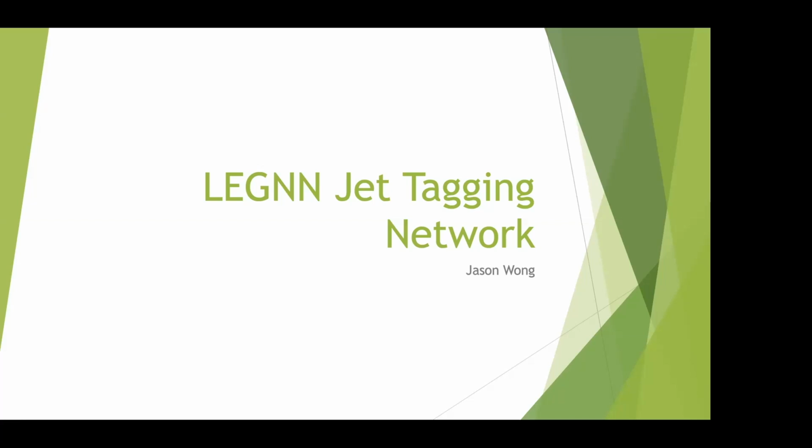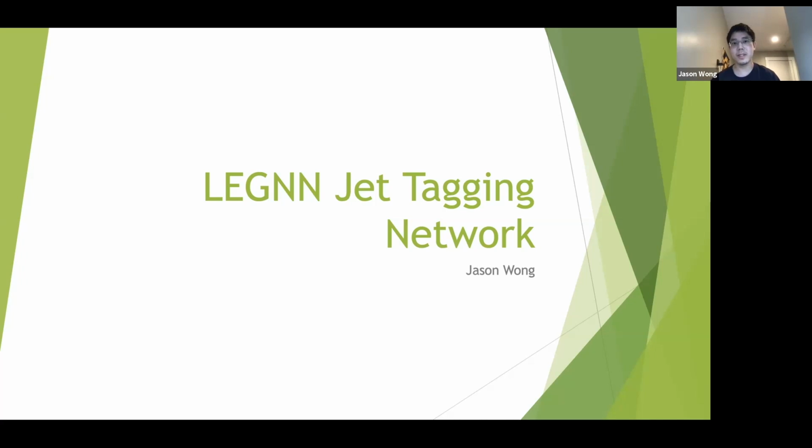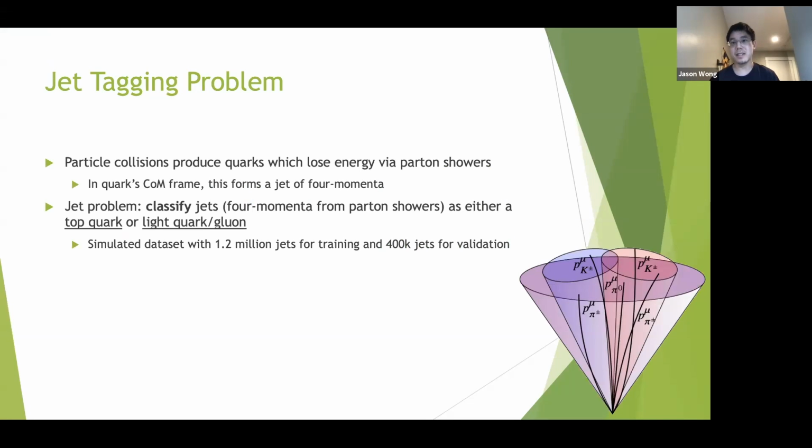Yeah, so as Savannah mentioned, the research I did for IRIS-HEP this summer was on the Lorentz equivariance or jet tagging. And so the jet tagging problem is essentially, in the particle collider experiment, when you collide the particles together, what ends up happening is that once they collide, they produce a lot of jets, which all have different momenta.